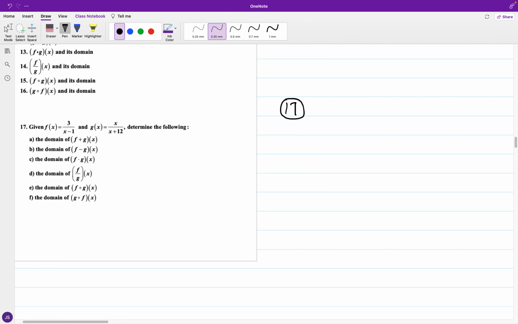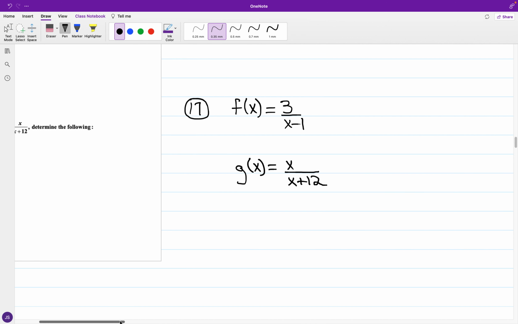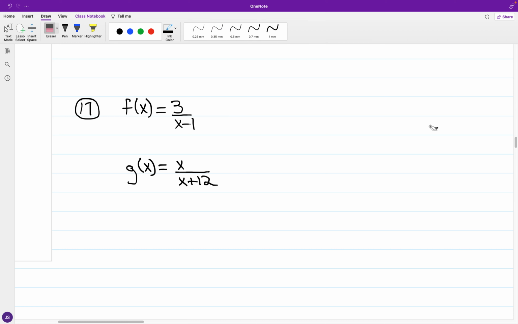For the first three functions, the sum, difference, and product functions, those are going to have the same domain.